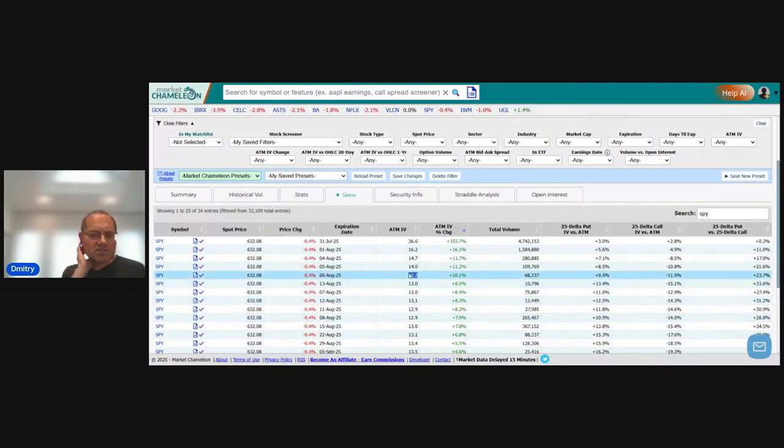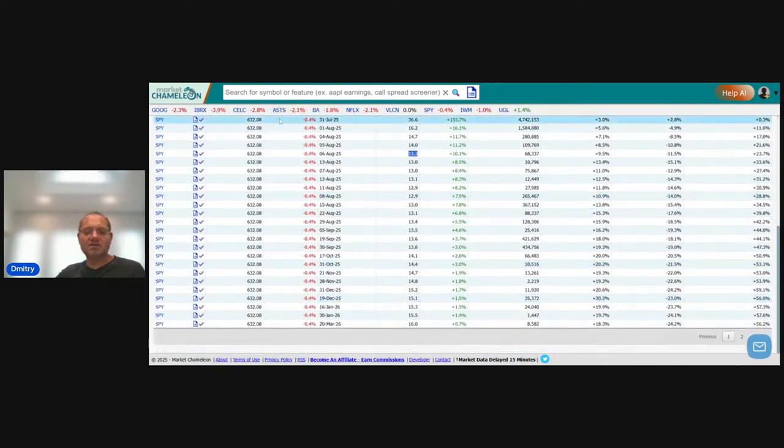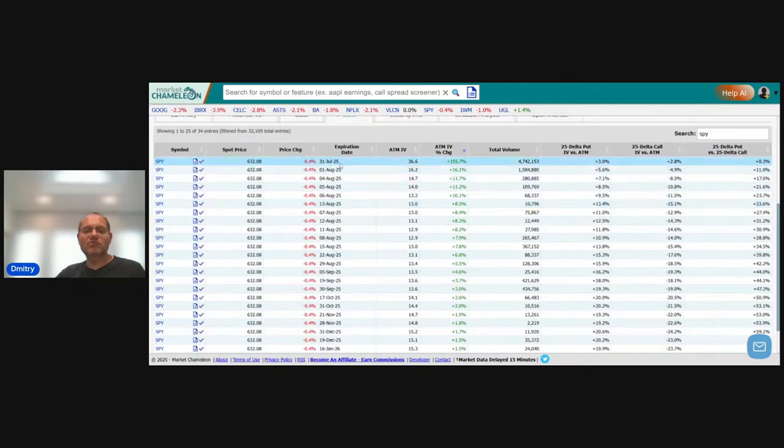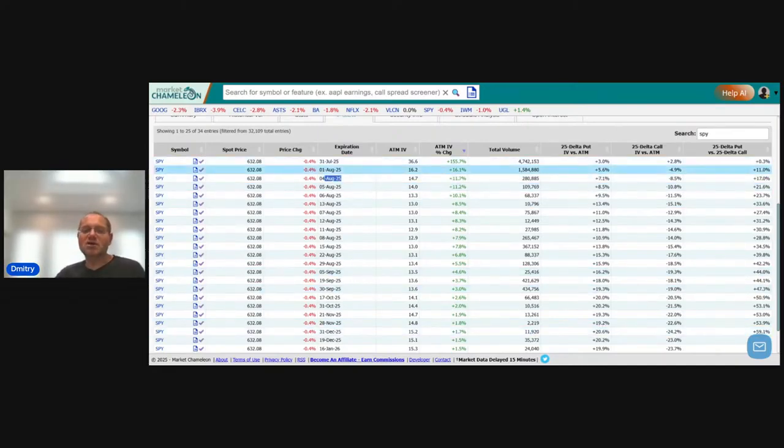Okay, so quickly, we could see now how the skew lines up for each expiration, right? These are organized going from the closest expiration, closest to expiring, to the longest term expirations.